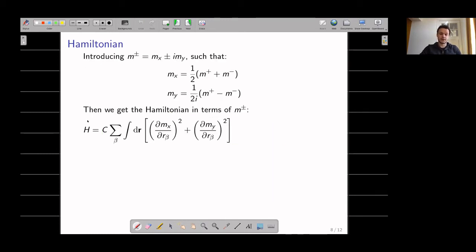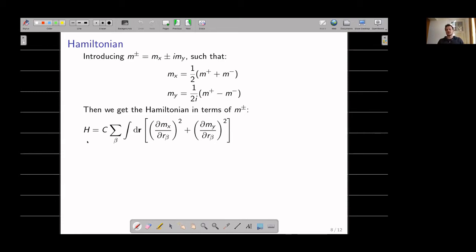Now, in the next steps, we will try to derive the Hamiltonian for the harmonic oscillator.